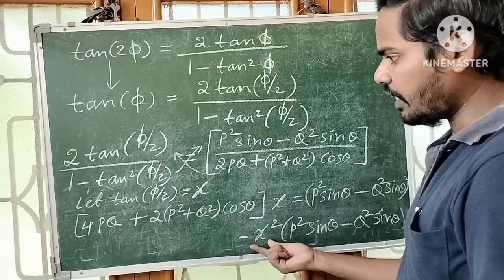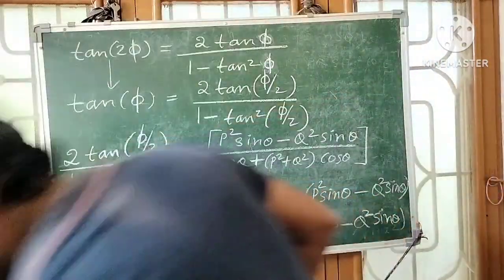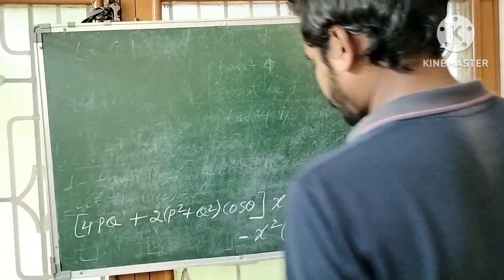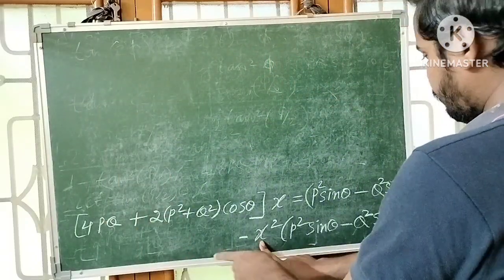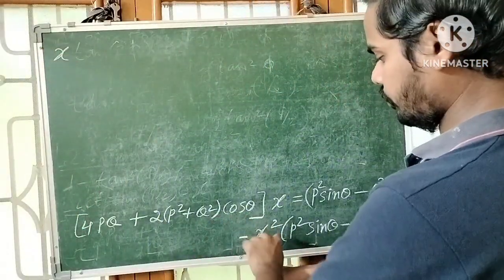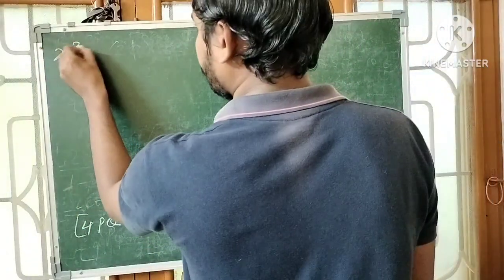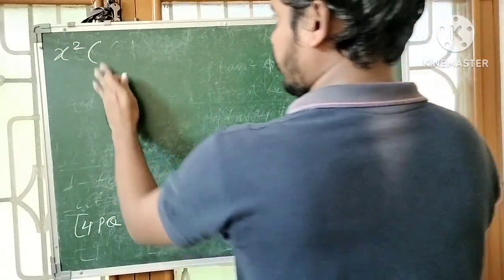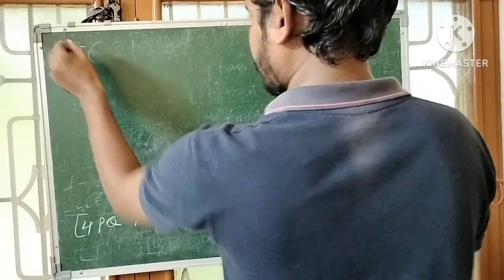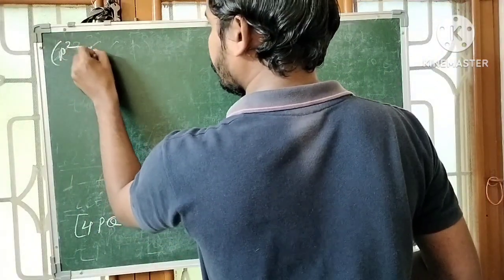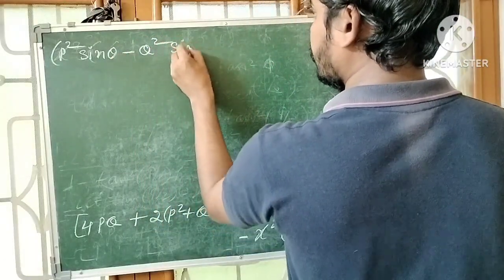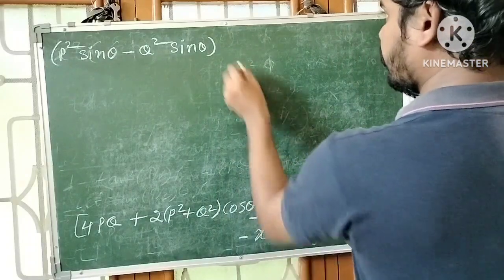Now write this equation in the standard form of a quadratic equation. First, transpose the minus x square into this expression term; the negative becomes positive. So x square into (p square sin theta minus q square sin theta), and this is the coefficient of x square.